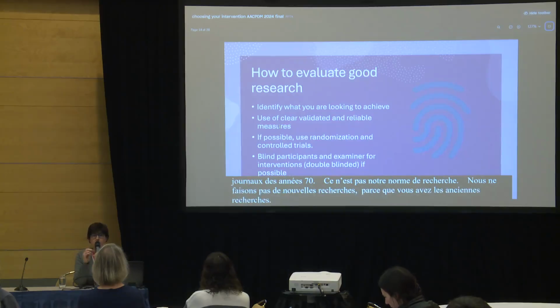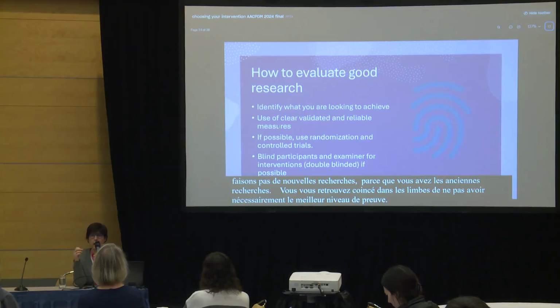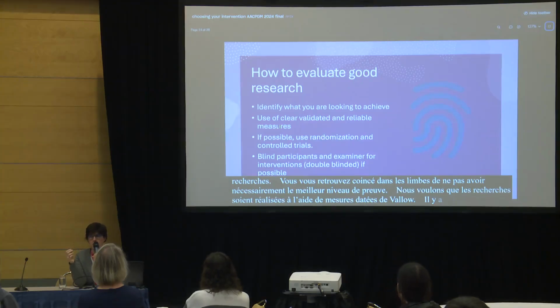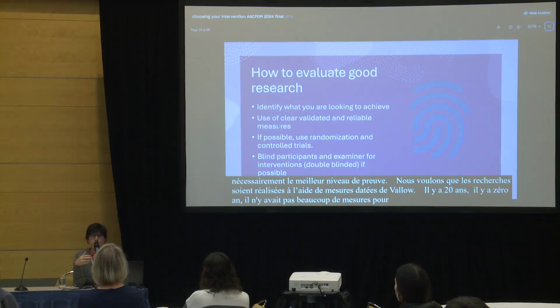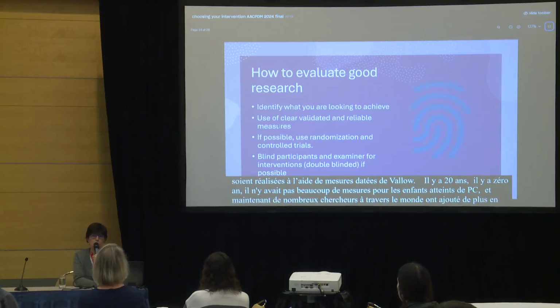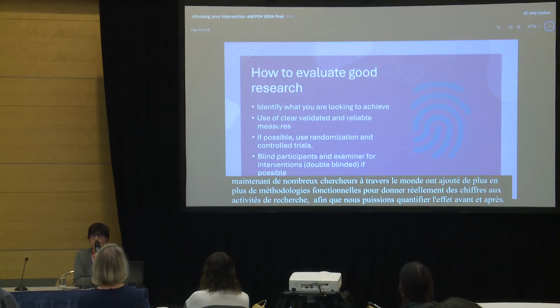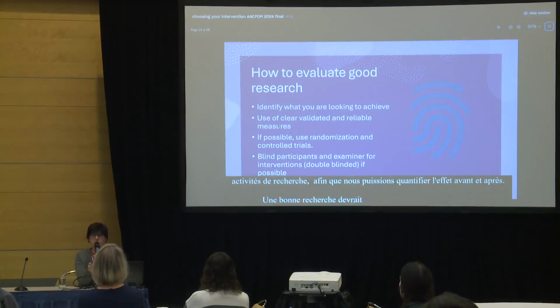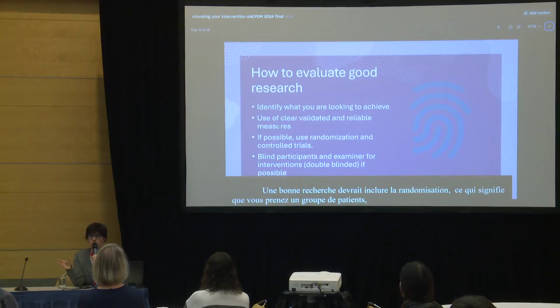We want to have research that is done with validated measures, and that's another thing that 20 years ago, 30 years ago, we didn't have a lot of measures for children with CP. And now many researchers across the world have added more and more functional methodology to actually give numbers to certain activities so we can quantify the before and after effect. Good research should include randomization, meaning that you take a group of patients, you offer them an intervention, but you have a control group, and you have an understanding of the natural history.